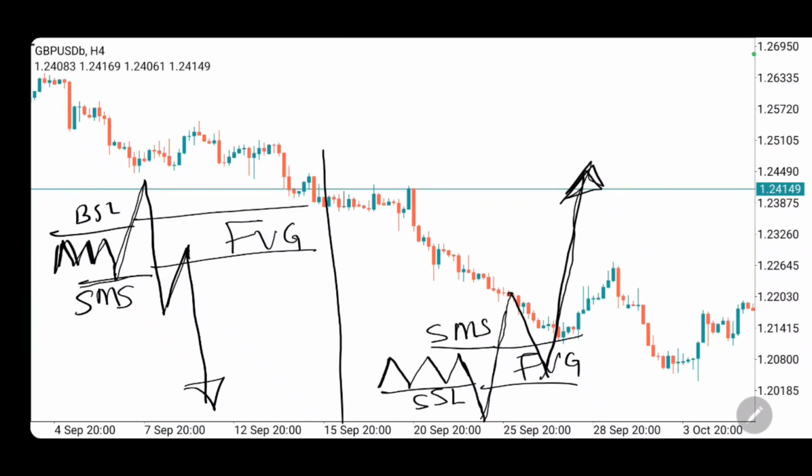But in this second scenario, the market takes out buy side liquidity, and now there's a shift in market structure, and now you get into the trade by trading the FVG.